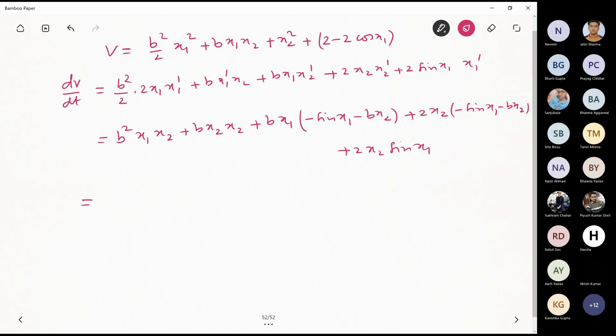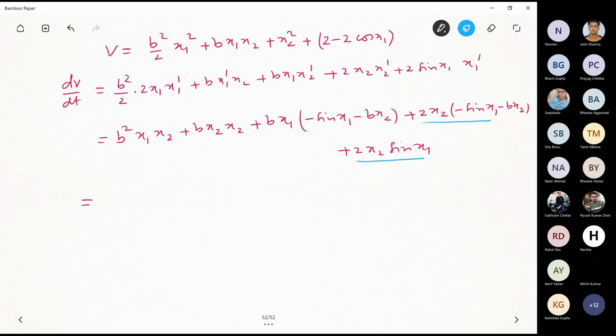Now you collect the terms of similar type and cancel. 2x2 sin x1 minus 2x2 sin x1, these two get cancelled, they are the same.